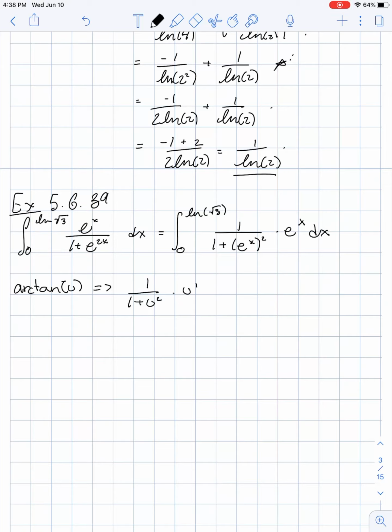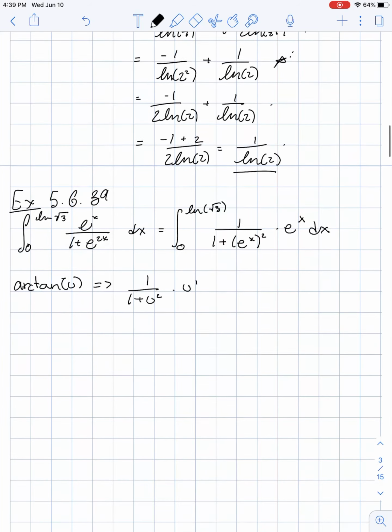So now I know that I can use something similar to this to help me choose u. I know you were thinking, like, how am I supposed to do that on my own? This is so difficult. This is what I mean by u substitution takes some practice, and this is why I wanted to show you these types of problems.